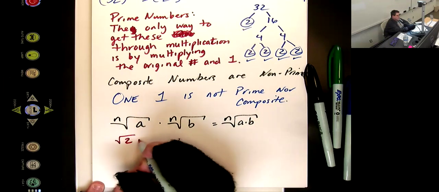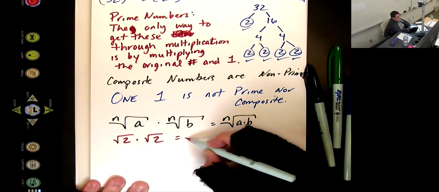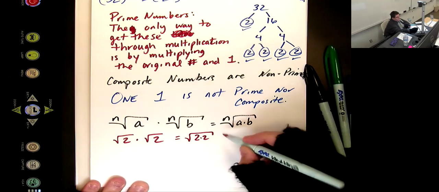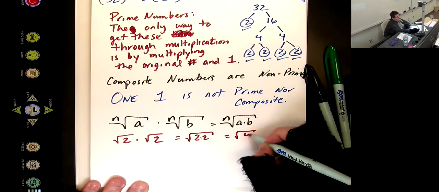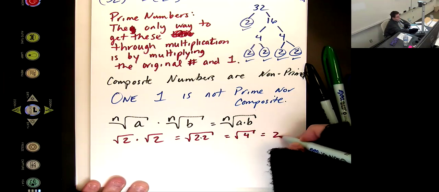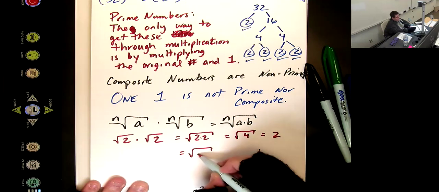So square root of 2 times square root of 2. One way of doing this is saying this is square root of 2 times 2, which is square root of 4. And hopefully you know that's 2. But the other way of looking at this is the square root of 2, squared.